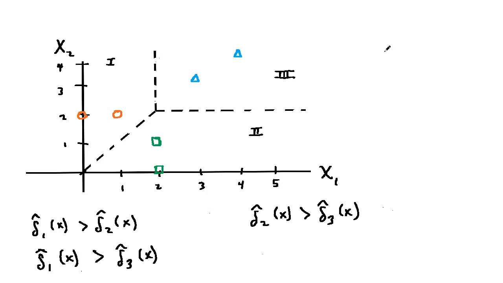If delta 1 is bigger than delta 2 and delta 3, then we classify x as of class K1. So if x is in region 1, then we classify x as of class K1.